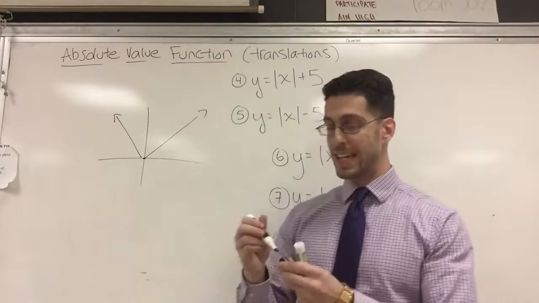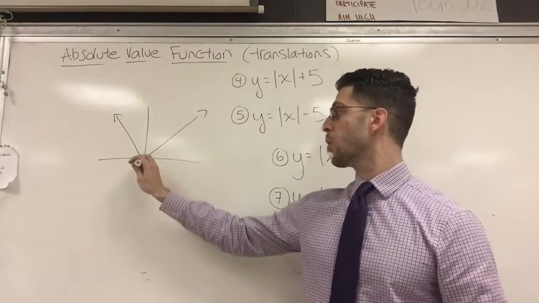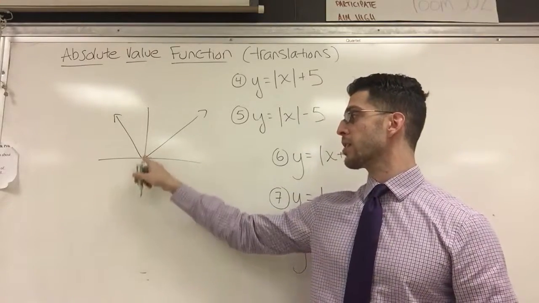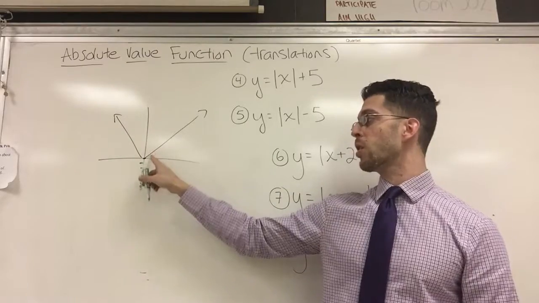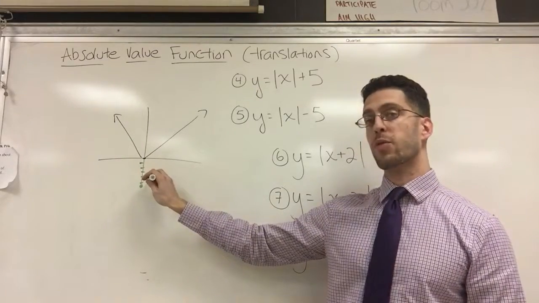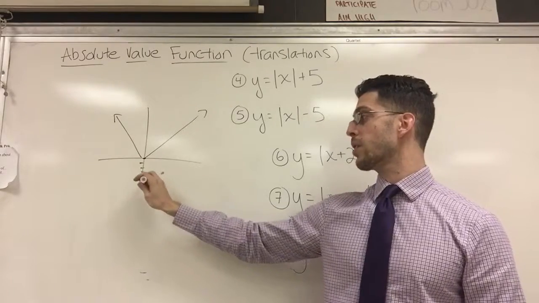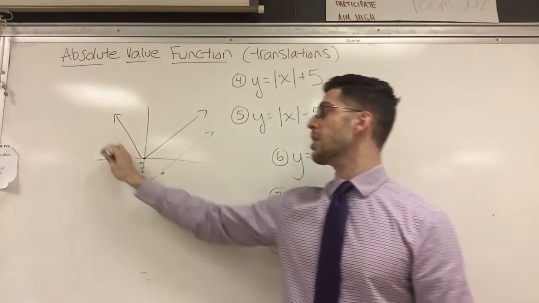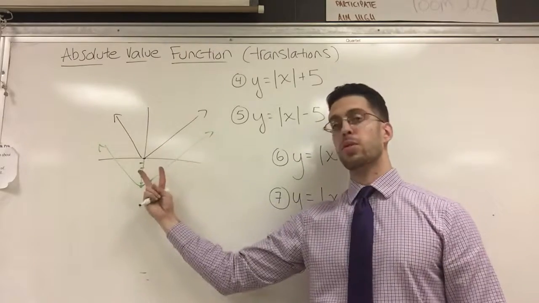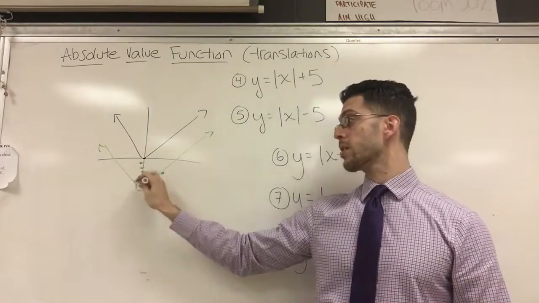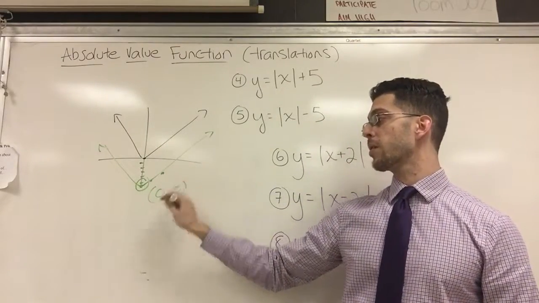It translates it down 5 units. 1, 2, 3, 4, 5. My new vertex is here. Instead of 1, 1, I'm going to be at 1, negative 4. Instead of 2, 2, I'm going to be at 2, negative 3, etc. So it's a V that got pulled down 5 units. New vertex, 0, negative 5.